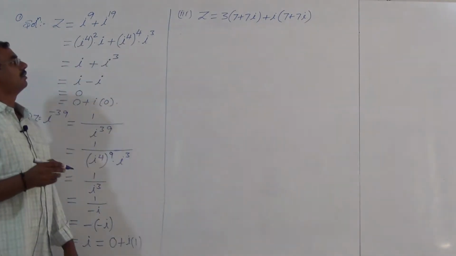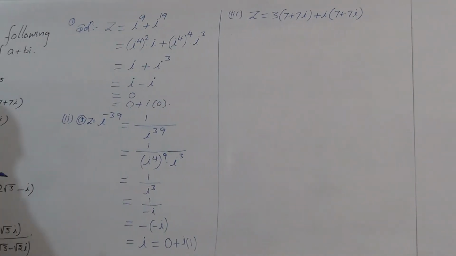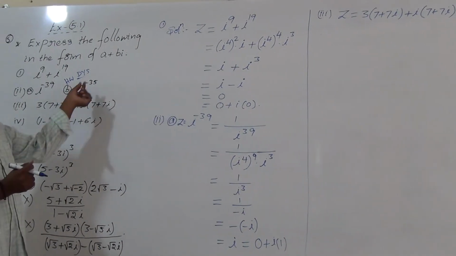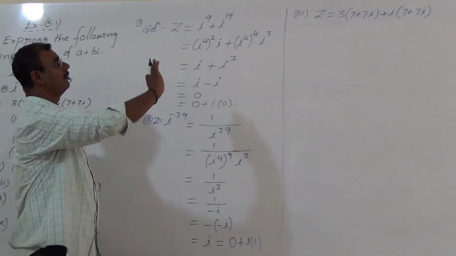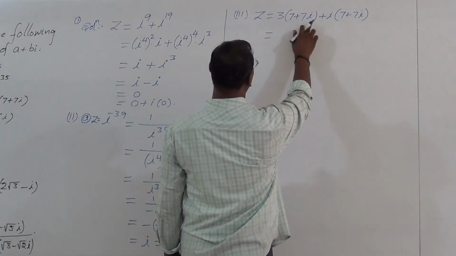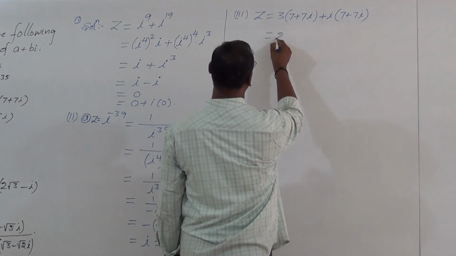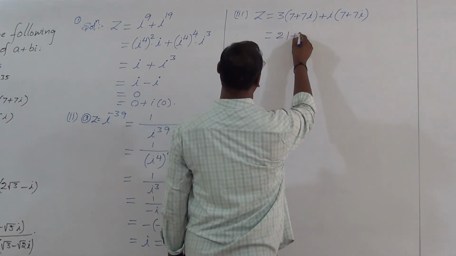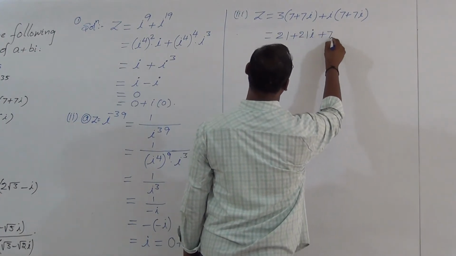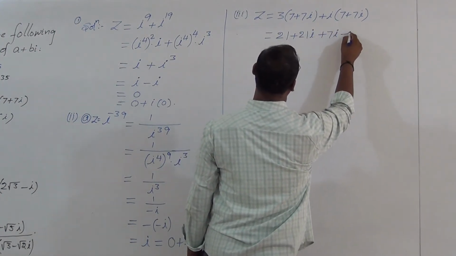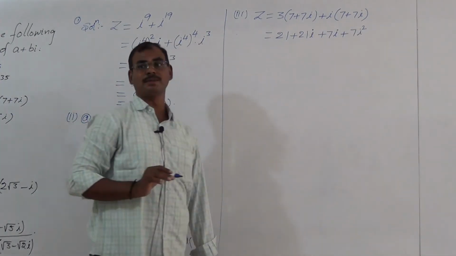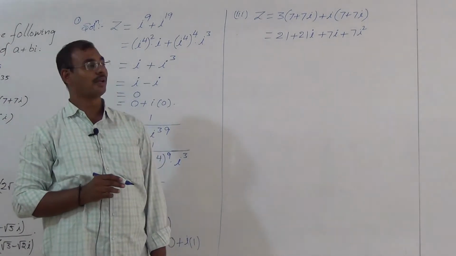How to convert in the form of a plus iota b? Plus meaning addition. So simply first multiplying, open the bracket: 3 into 7, 21 plus 21 iota, plus 7 iota plus 7 iota square. Open the brackets simply. Are you okay now?